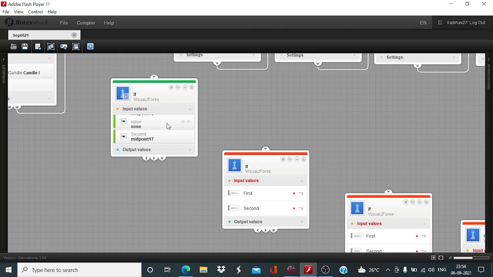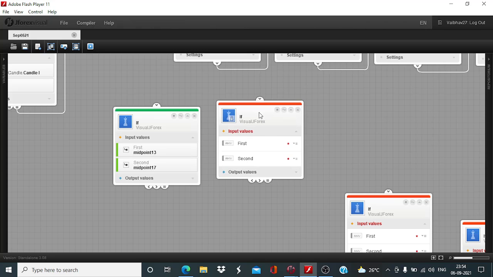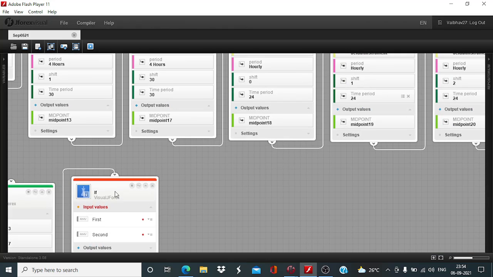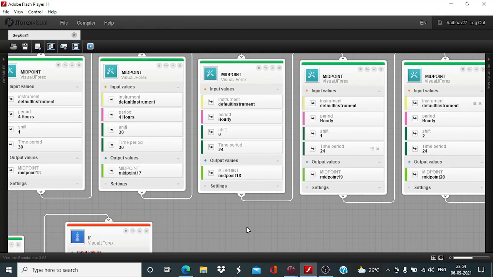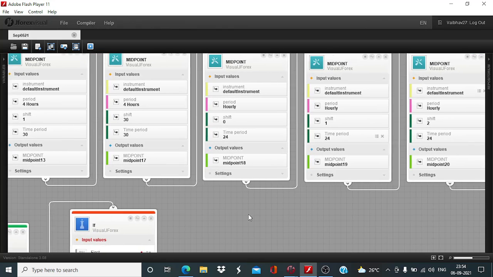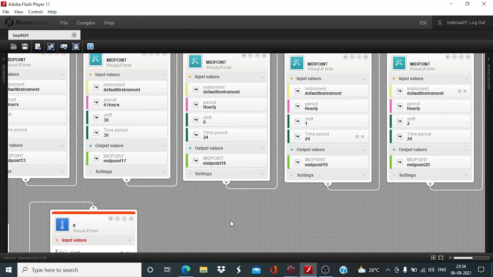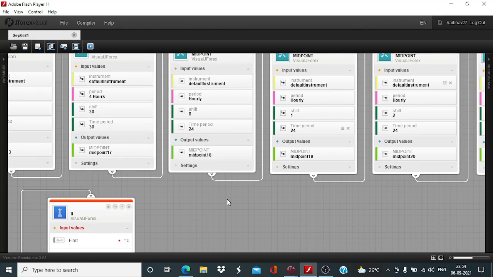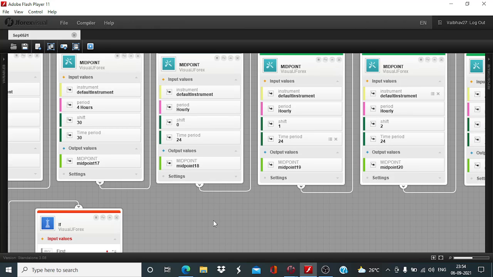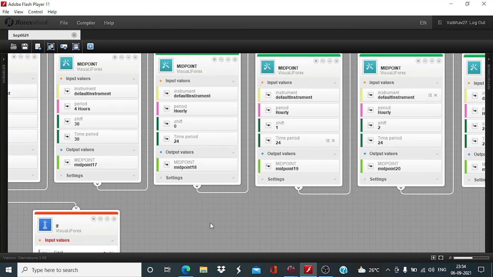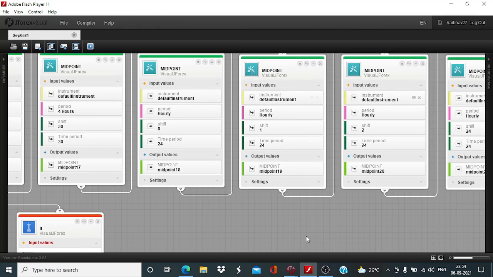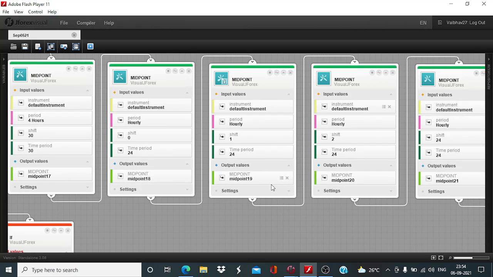Okay, so this is going to be first input greater than second input. And then comes the designing for the hourly time frame, where we need to be trading with the trade, and for that we will be comparing the output values with the interval of 24 hours.